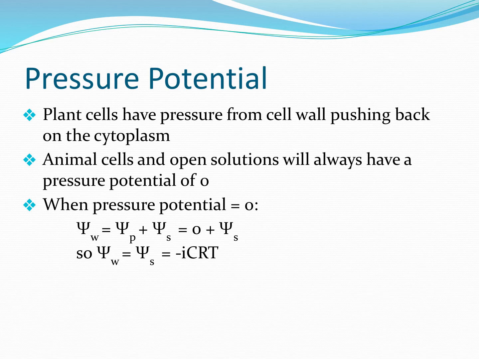So what that means is if we put the two equations together, water potential is normally made up of pressure potential plus the solute potential. If pressure is zero, then do a substitution, and water potential just equals solute potential. In other words, water potential equals negative iCRT.